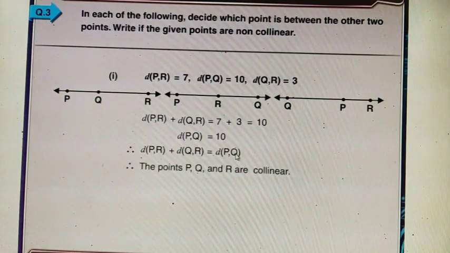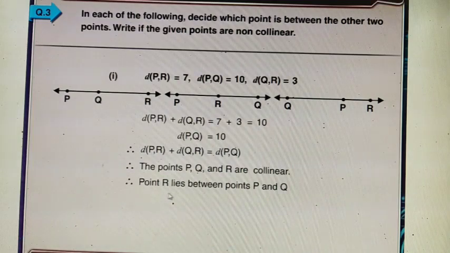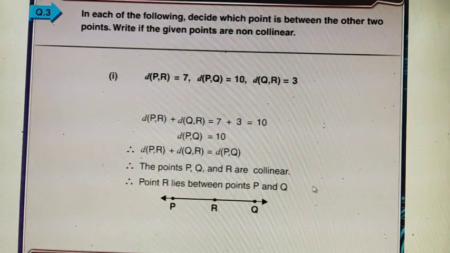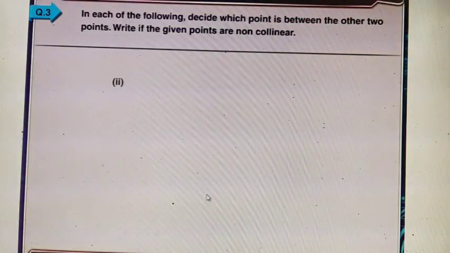Thus, the points P, Q, R are collinear. And here observe the endpoints are P and Q. Therefore, point R lies between the points P and Q. Therefore, PRQ will be the right figure.